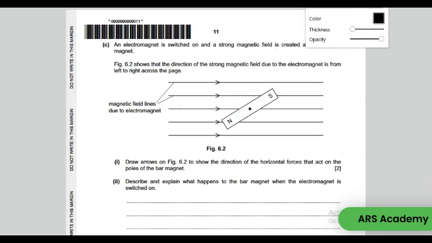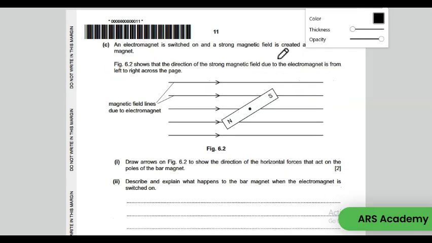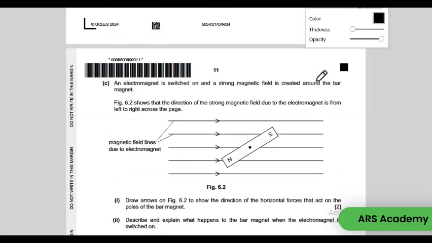Question C. An electromagnet is switched on and a strong magnetic field is created around the bar magnet. Figure 6.2 shows the direction of the strong magnetic field due to the electromagnet from left to right across the page. Part 1. Draw arrows on figure 6.2 to show the direction of the horizontal forces that act on the poles of the bar magnet. So let me explain what exactly is happening over here.